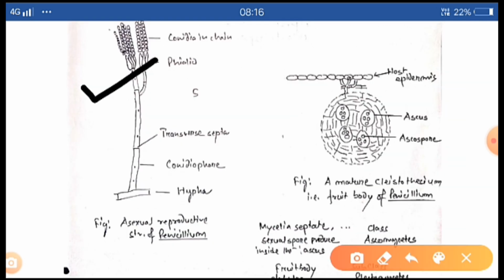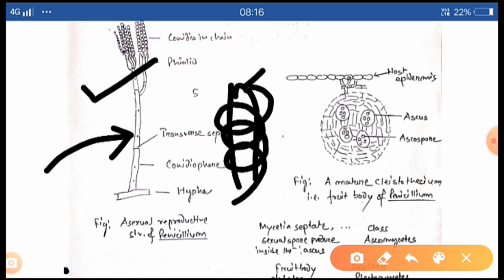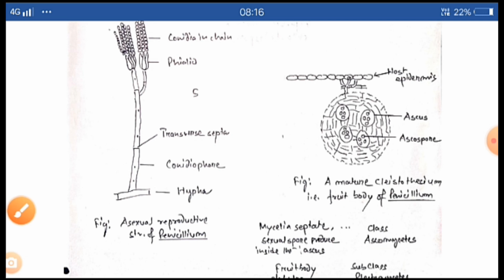Here the mycelia is septate, well developed, and it can perform sexual reproduction. Female unit and male unit will coil, the contents will meet together, and ultimately they will produce spores, and these spores are produced inside the ascus.